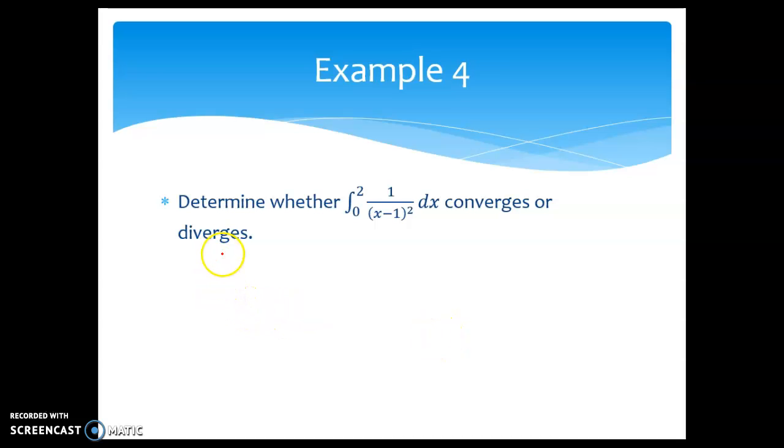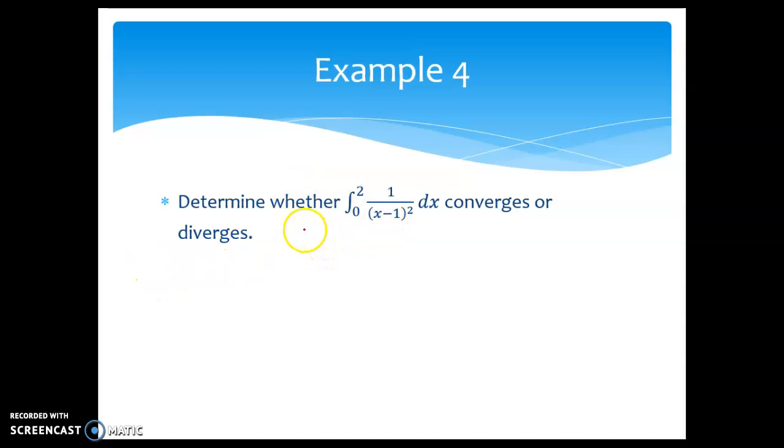In this lecture, we're going to finish up problem number 4 that we started and didn't finish. This integration here, we can partition into two different integrals.